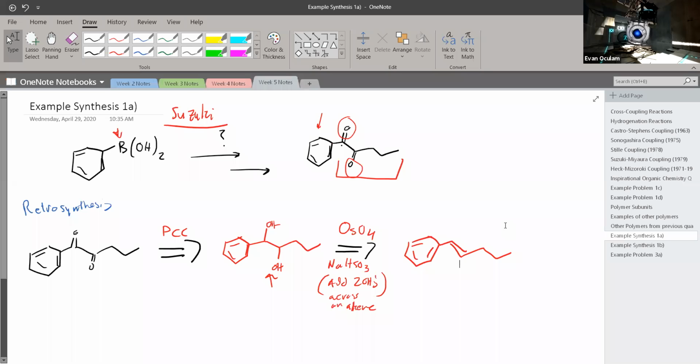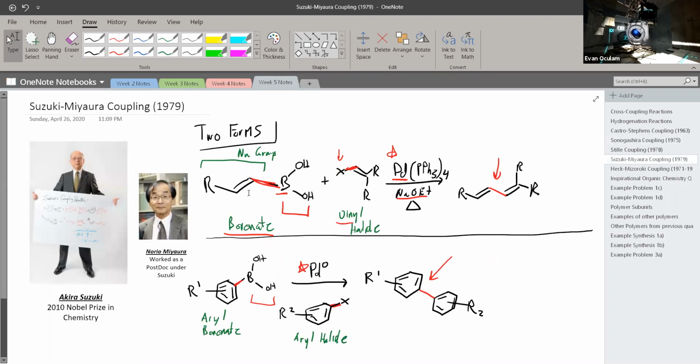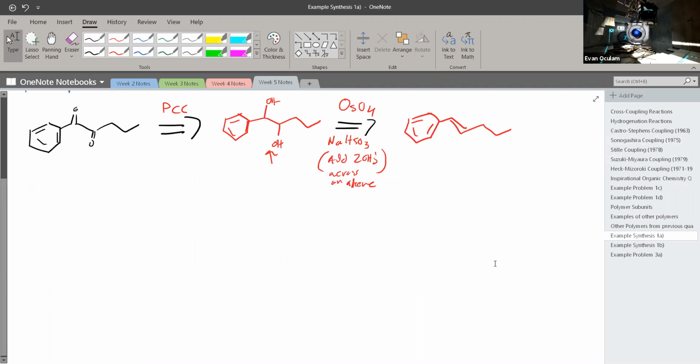Remember, out of all of these reactions, somewhere we had to do Suzuki coupling. And what's needed for Suzuki coupling? We need not only the C double bond, but also some kind of vinyl halide. The good thing is we have this boron species, which is the original reactant, this group right here.